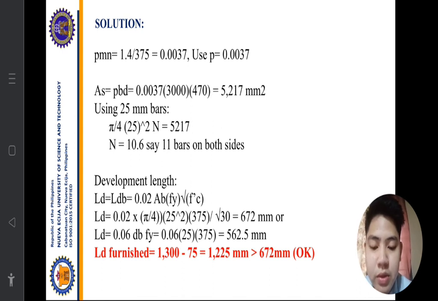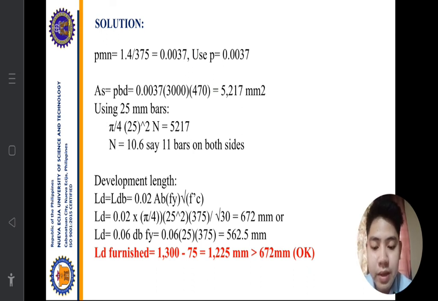Therefore, we are going to use the value of rho as 0.0037. Our As is equivalent to rho b d, or rho times b times d. So 0.0037 times 3,000 times 470 is equivalent to 5,217 millimeter squared.